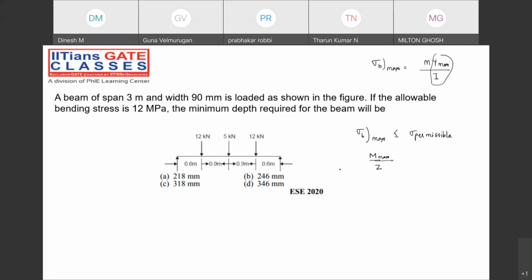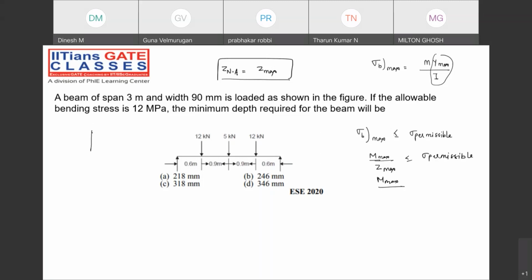The maximum section modulus is calculated about the neutral axis only, right? So section modulus about the neutral axis, or maximum section modulus, both are the same thing. This must be less than or equal to sigma permissible. So what is the Z maximum for the beam?